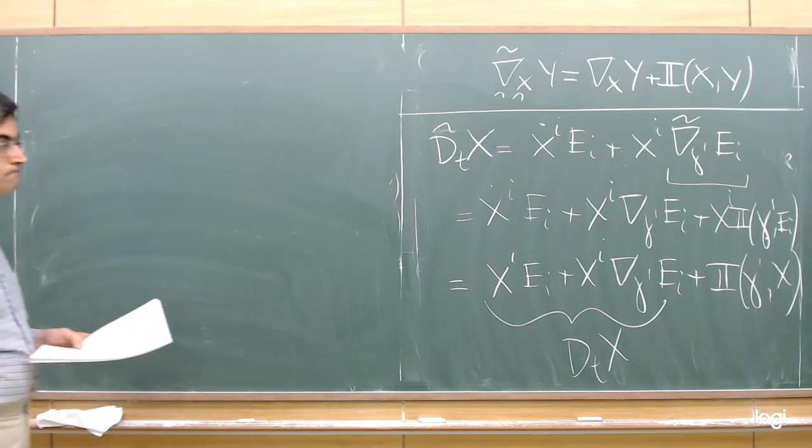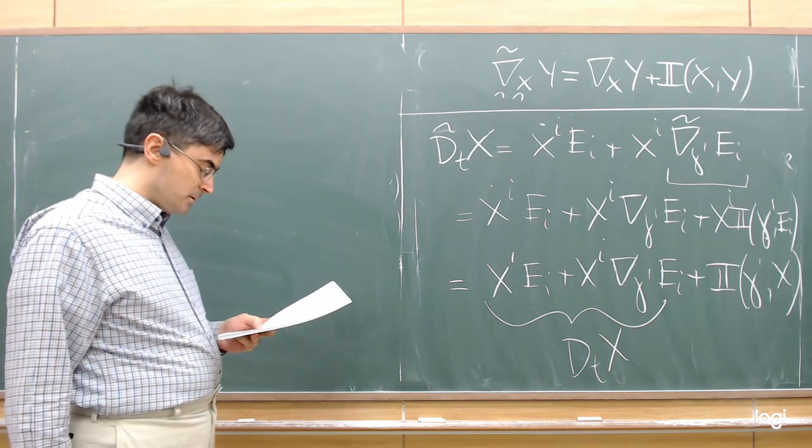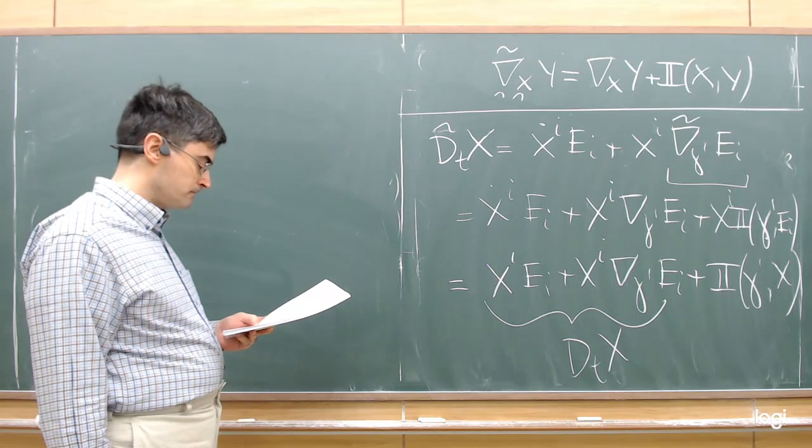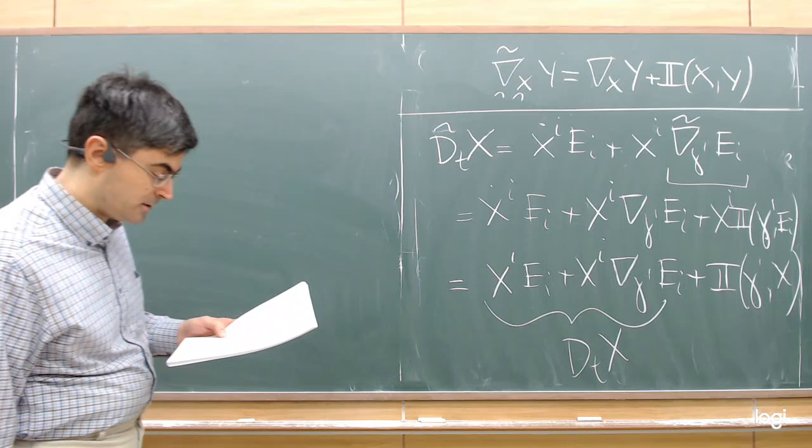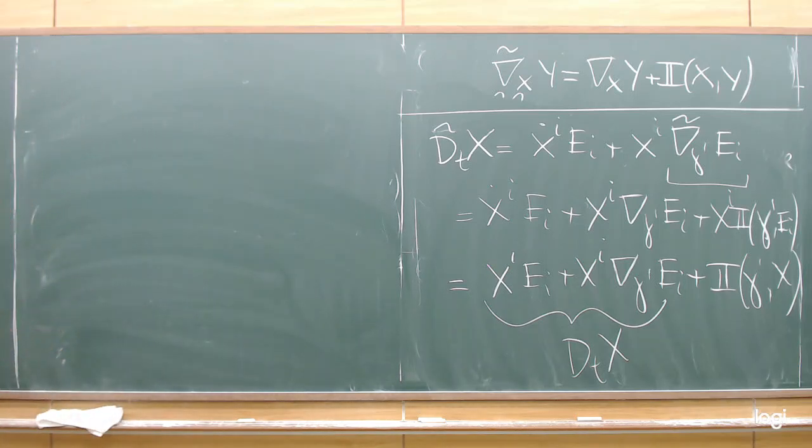Now let's observe that the second fundamental form is defined in terms of covariant derivatives of vector fields tangent to M, but it can be used also to evaluate extrinsic covariant derivatives of normal vector fields.